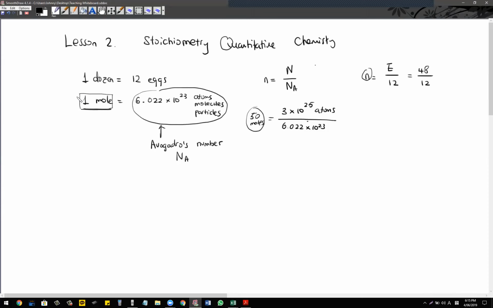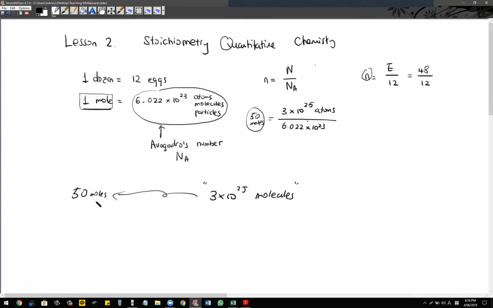So if I tell you there are 3 times 10 to the power of 25 water molecules, this doesn't really come to our mind. We can't really feel how much that is, right? So that's why we translate that into some number that we can perceive, and we say 50 moles, okay?